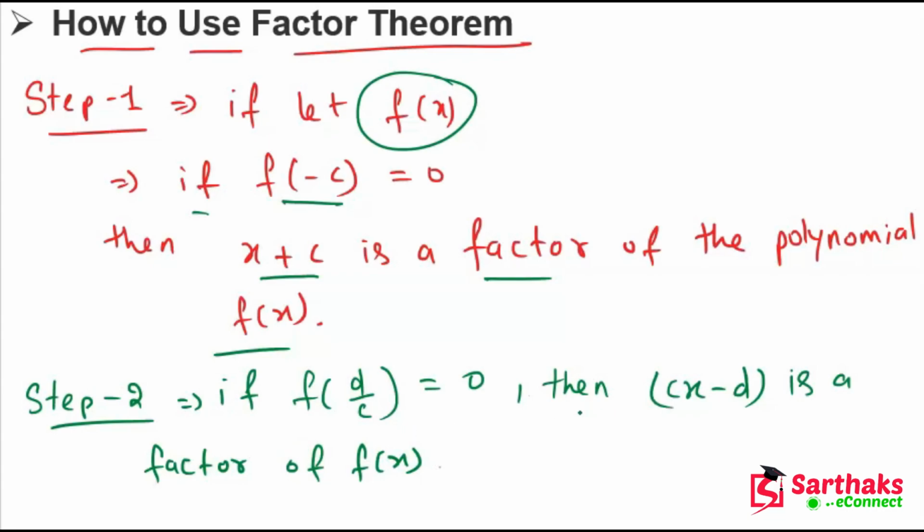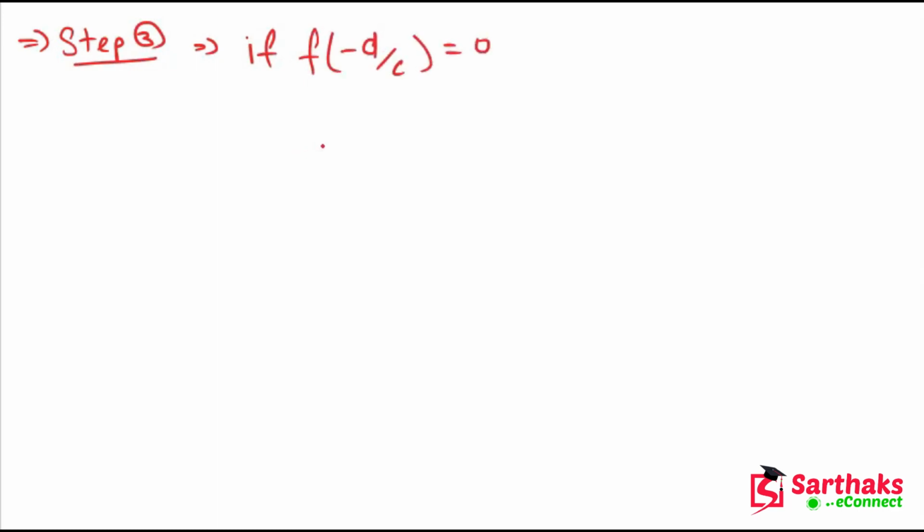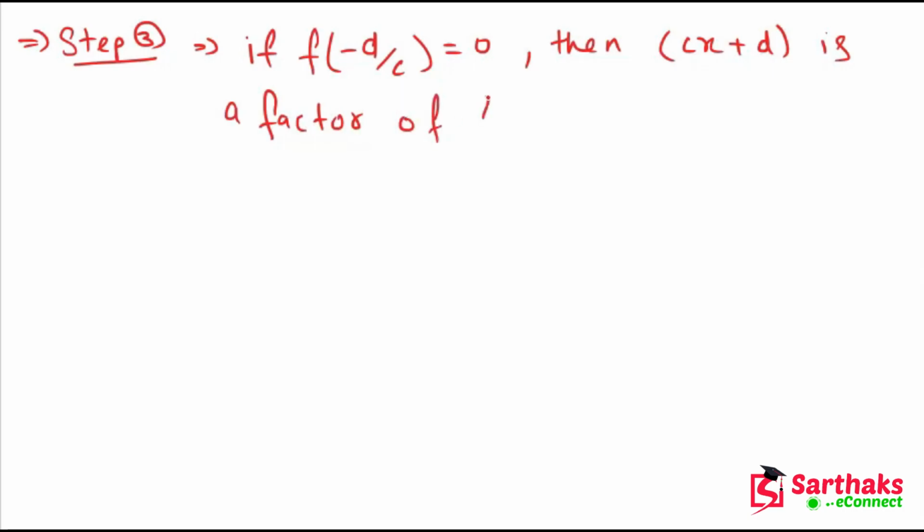So in this case we have cx minus d as a factor. I hope you understand these things. Now step number 3: if f of minus d upon c is equal to 0, then in this case cx plus d is a factor of f of x. I hope you understand these things.